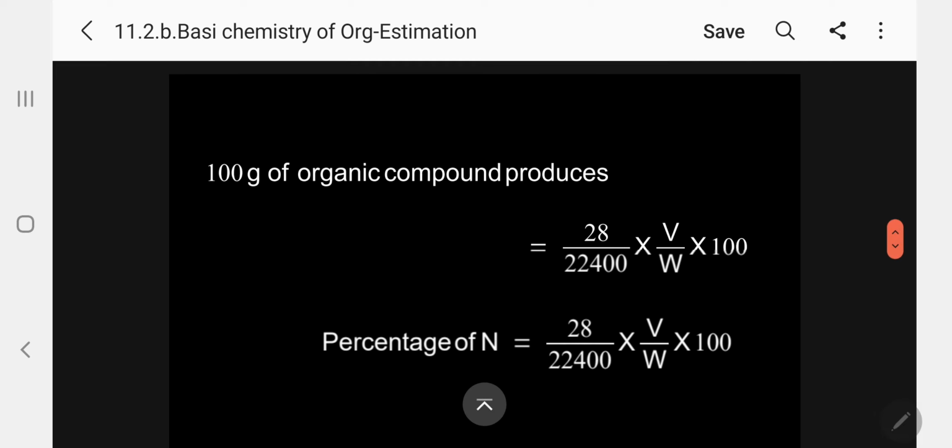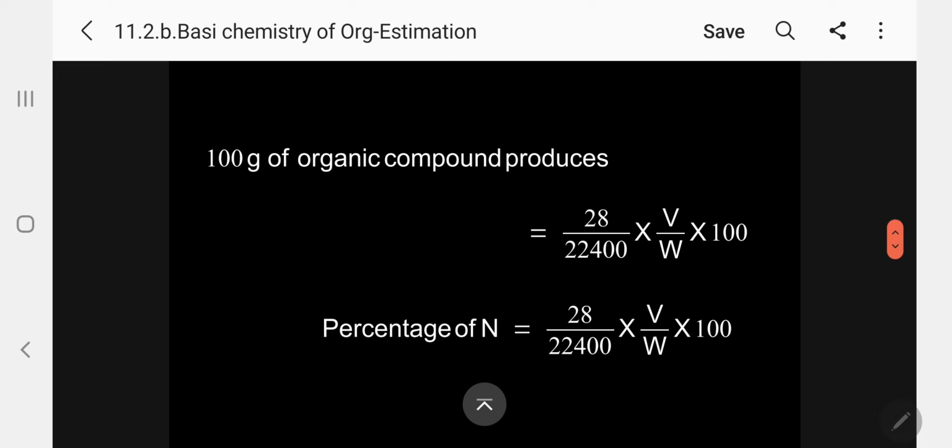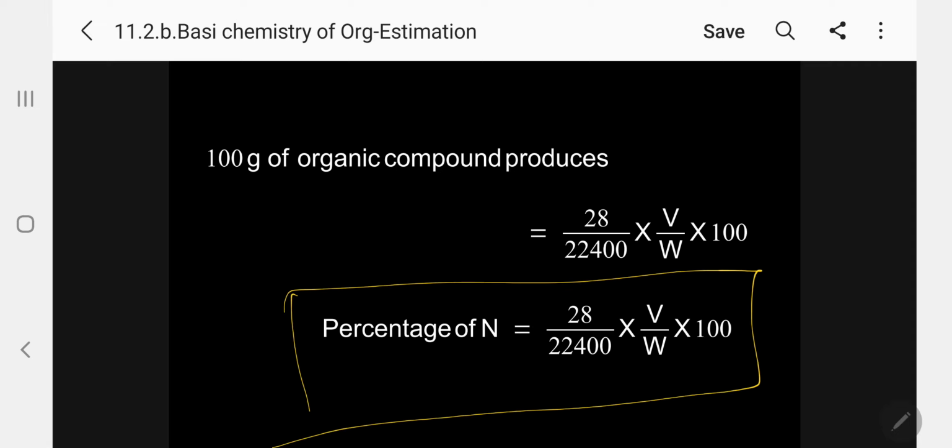So for 100 grams of organic compound, it produces 28 by 22,400 into V by W into 100. That will give the percentage of nitrogen. Kindly follow. This is the method by which we can determine the percentage of nitrogen in the Dumas method. In Dumas method, in the form of nitrogen gas collected, we are determining the percentage.